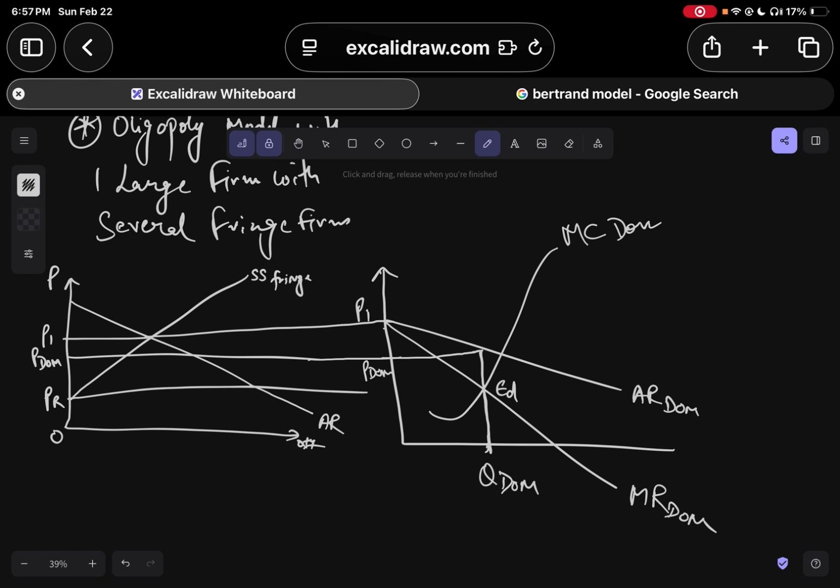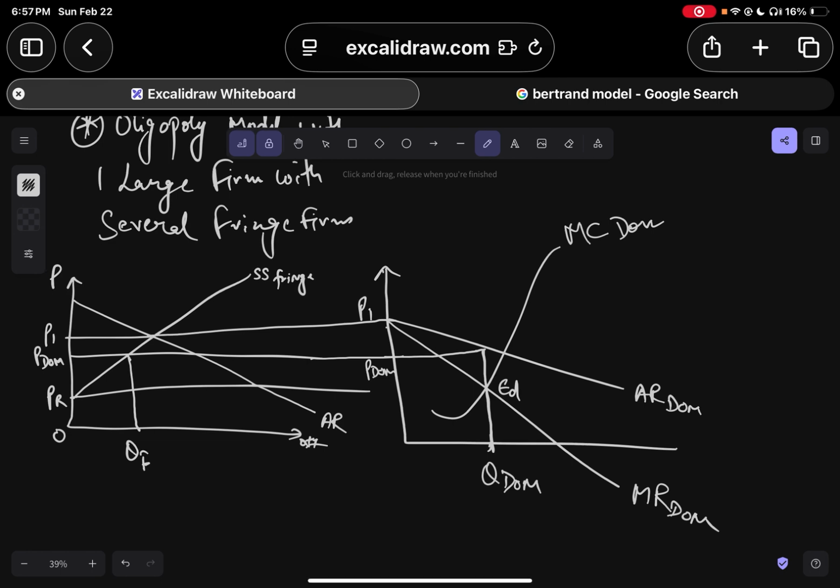Okay, I didn't set the quantity. So this is the quantity of fringe firms, QF, and this is quantity demanded by the market, QMKT. This is the demand curve of the market.